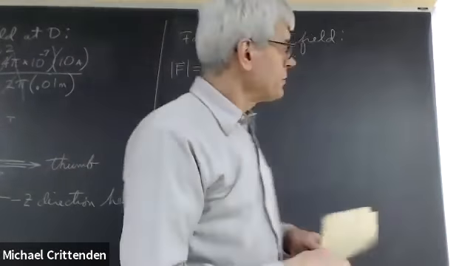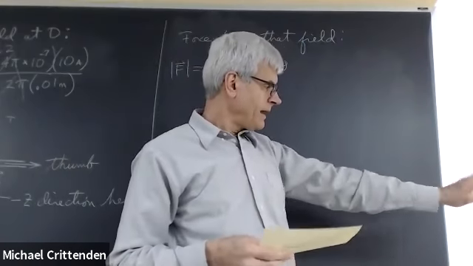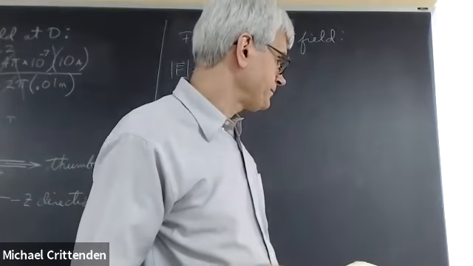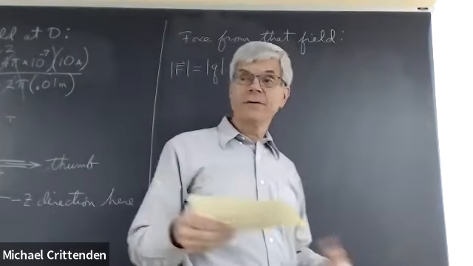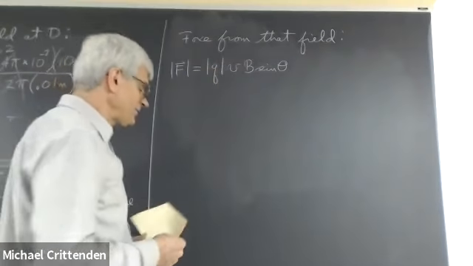But then when you get to the second half, instead of it being the force on a wire, it's the force on an electron. So you've got a particle moving through empty space. Force on a particle in empty space is given by this.